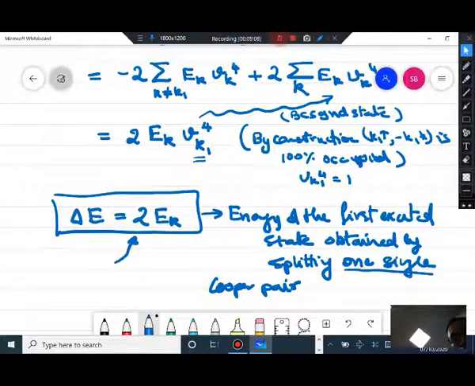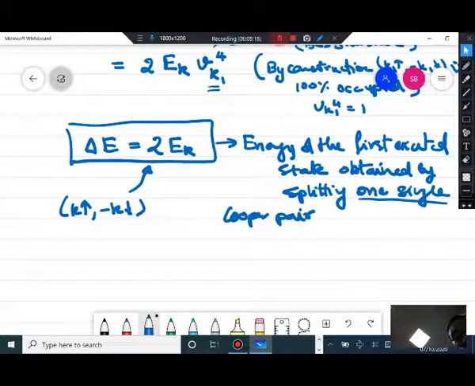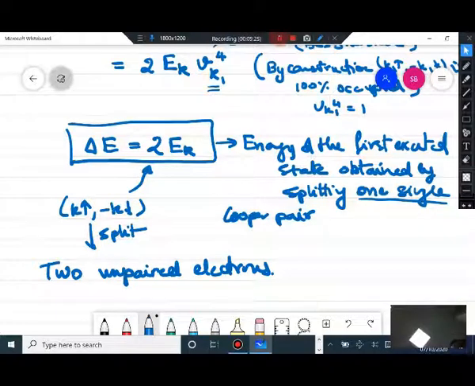The 2 comes because k up minus k down is split into 2 unpaired things, and the minimum energy you need to give it to split is twice of Ek.